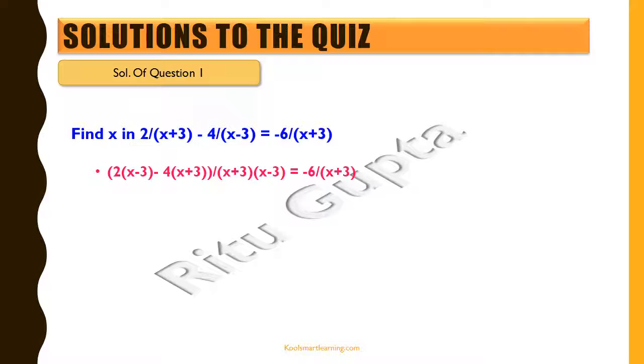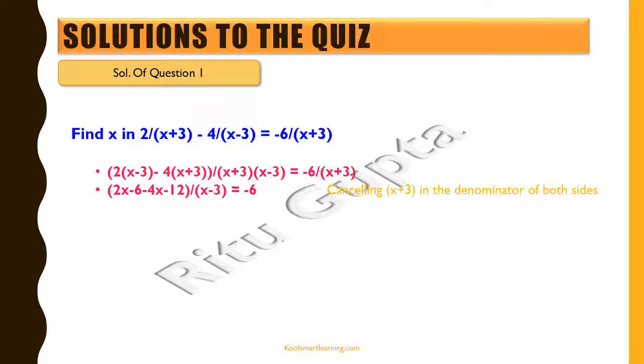So it becomes 2 into x minus 3 minus 4 into x plus 3 whole divided by x plus 3 into x minus 3, which is equal to, the right hand side does not change, minus 6 by x plus 3. Now we can obviously cancel x plus 3 on both the left hand side and right hand side denominators.